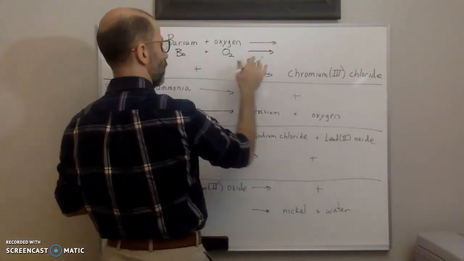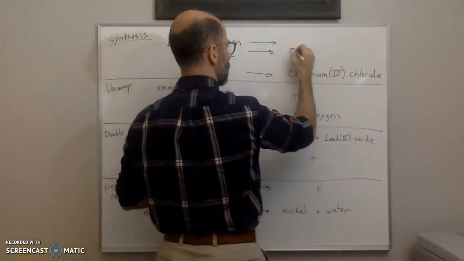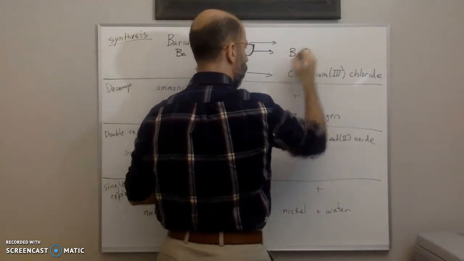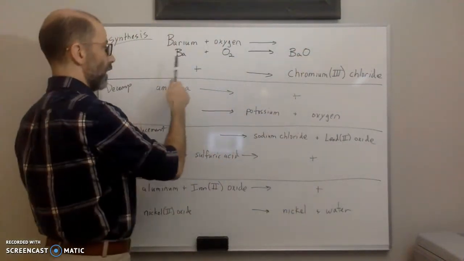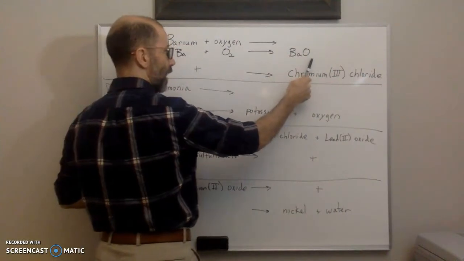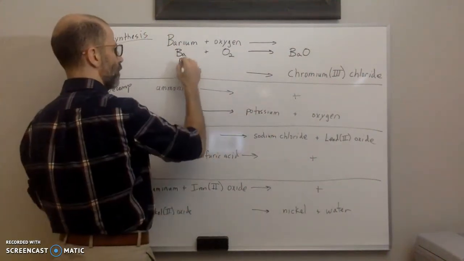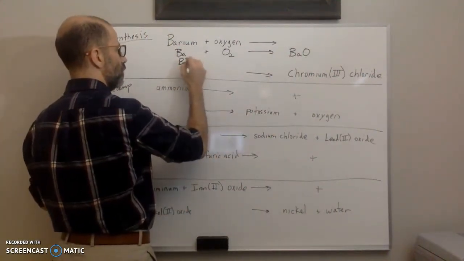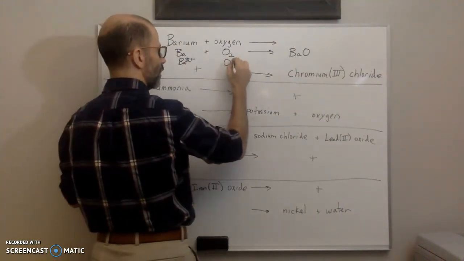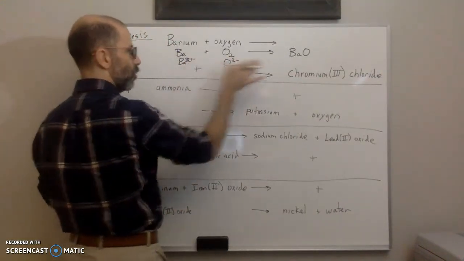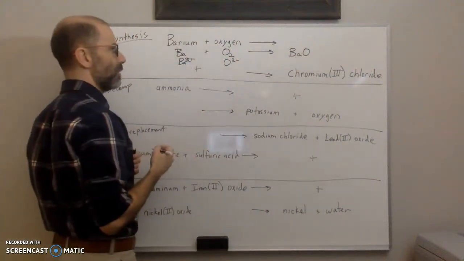So these two together are going to be barium oxide. So BaO, that's what I would get. Barium is +2, oxygen is -2. Barium is going to be a 2+ charge, oxygen is a 2- charge. Those put together, you get the ionic compound.